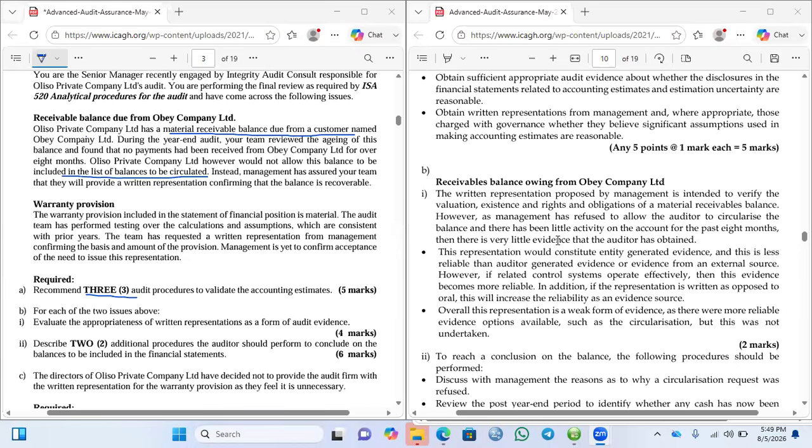So I think the point is that since management has refused to allow the auditor to circularize the balance, what is the meaning of circularize? Let me check the meaning.